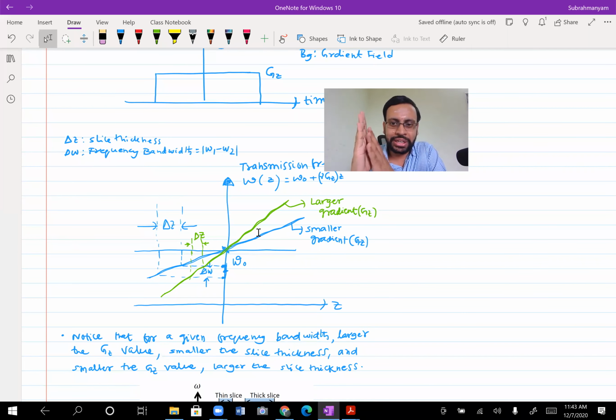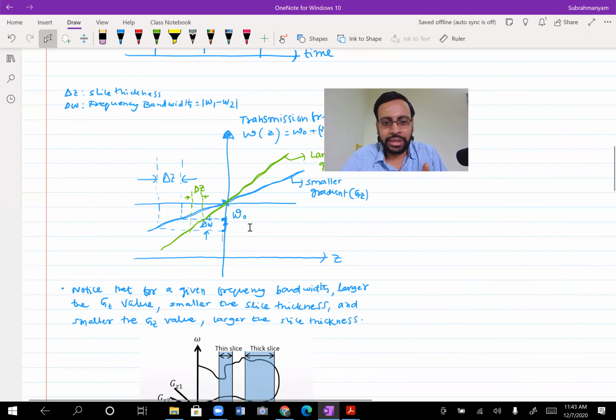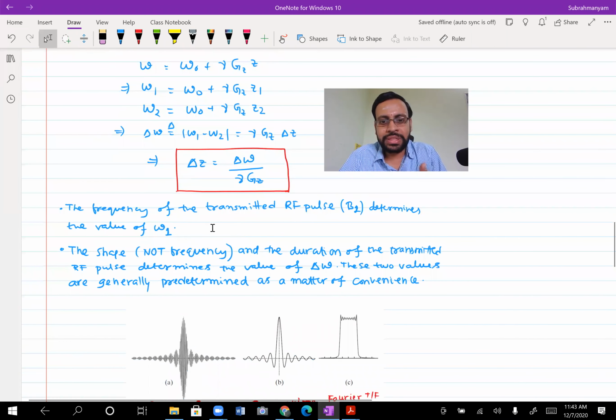So for that, I should give this RF pulse at the frequency of that particular location. The point here is the frequency of this RF pulse, which is B1, determines the value of omega 1, or around which you are getting the frequencies. And then the shape, not the frequency, and the duration of the transmitted pulse determines the value of delta omega.